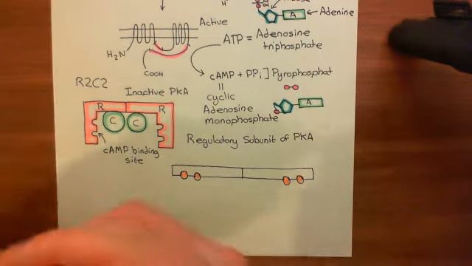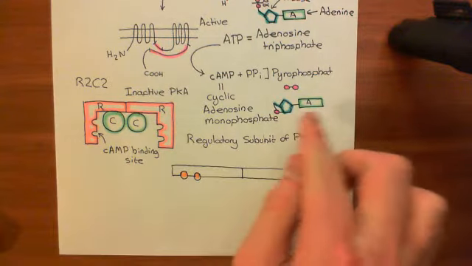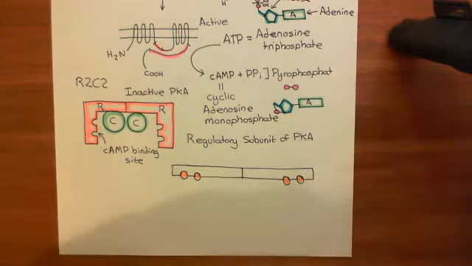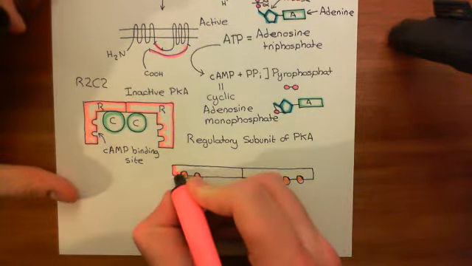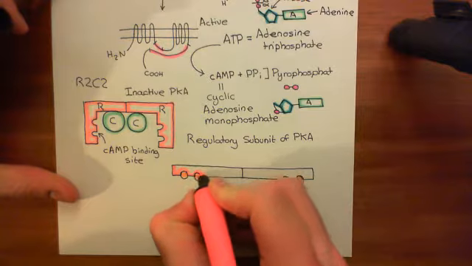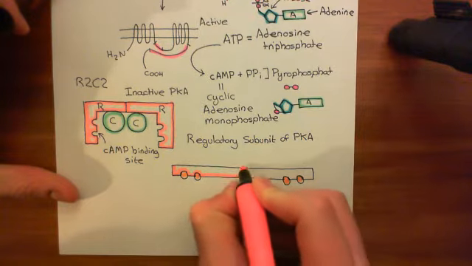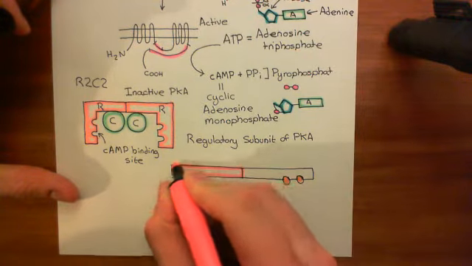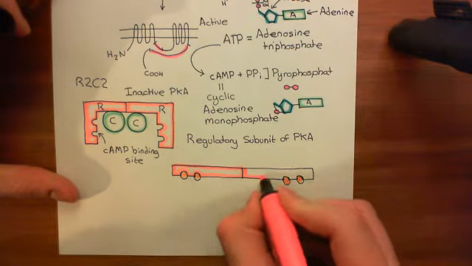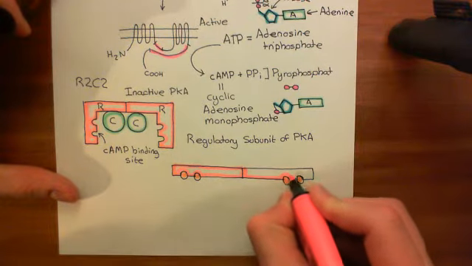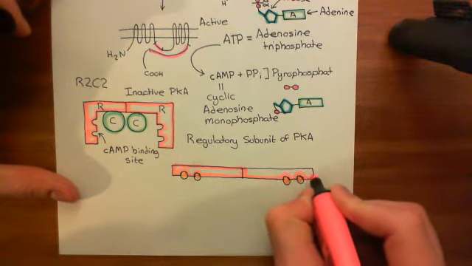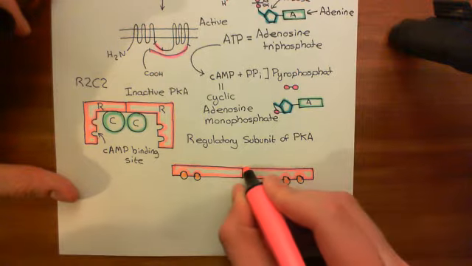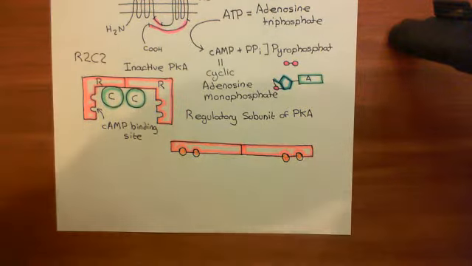So cyclic AMP has been demoted somewhat from being represented by this to being represented just as an orange blob. Okay, so basically the regulatory subunits will change conformation when cyclic AMP binds, and this will release the catalytic subunits, and the catalytic subunits will then go and phosphorylate serine and threonine residues.